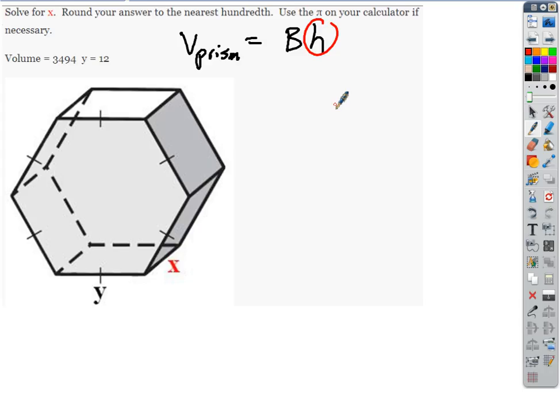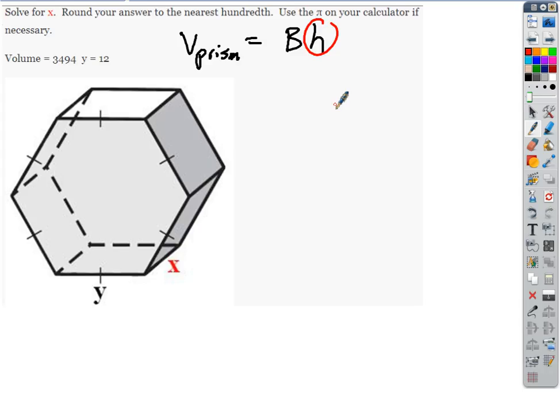Remember, our formula for a regular hexagon is 3 radical 3 over 2 times, in this case, y, the side length, squared. Okay, so that's B. Volume is given to us right here. So this is easy. Right? This is no big deal.